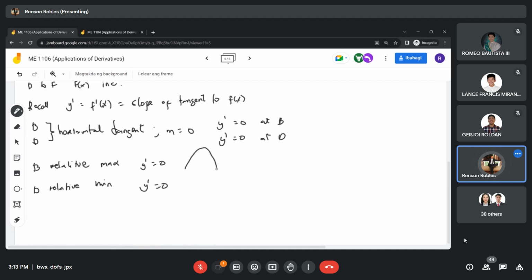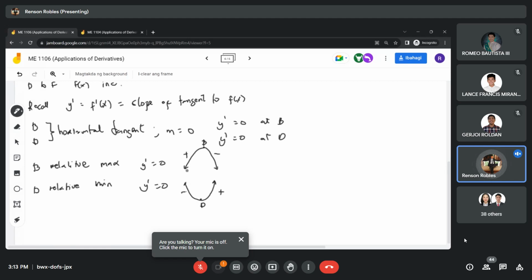For a relative maximum, the behavior of the curve changes from increasing to decreasing. If it is a relative minimum, so this is point D, the behavior of the curve changes from decreasing to increasing.